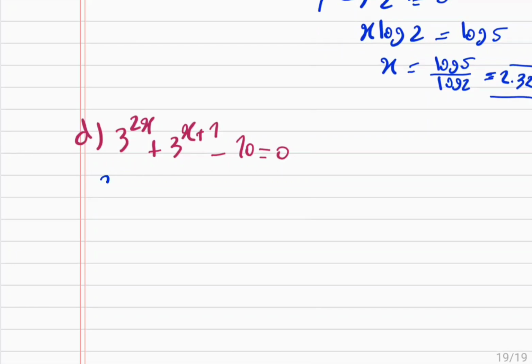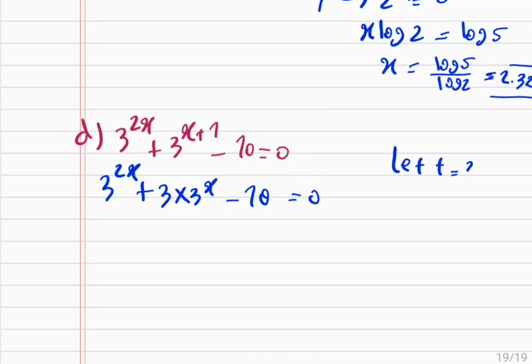So you can basically rewrite this as 3 to the power of 2x plus 3 times 3 to the power of x minus 10. That's because when you have 3 to the power of 1 times 3 to the power of x, the answer is 3 to the power of x plus 1. And now you have this in that nice form. Again, you can use the same trick. So we have t, which in this case is equal to 3 to the power of x.